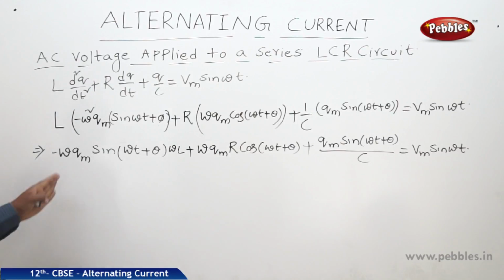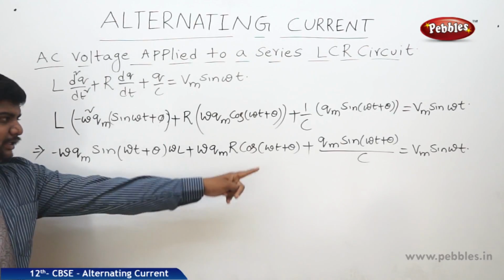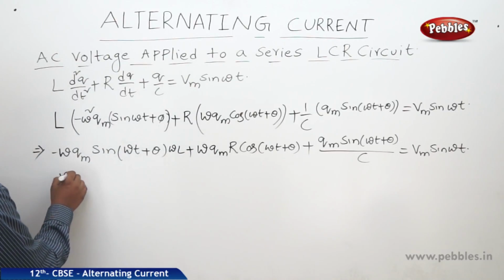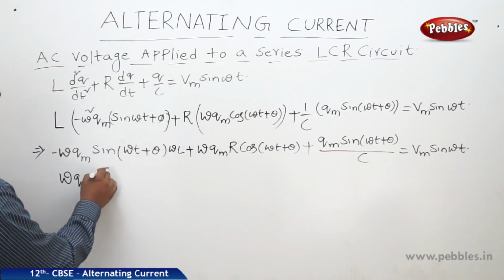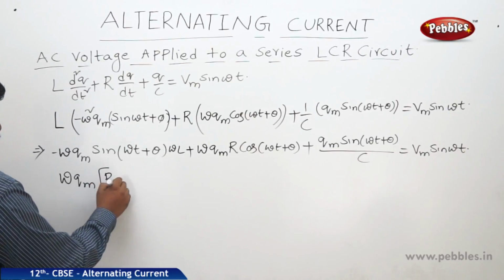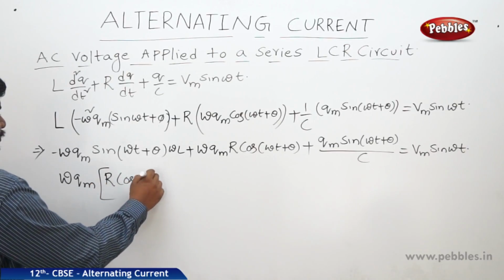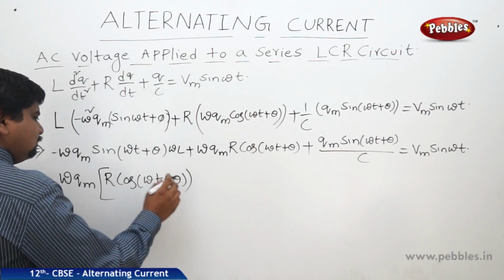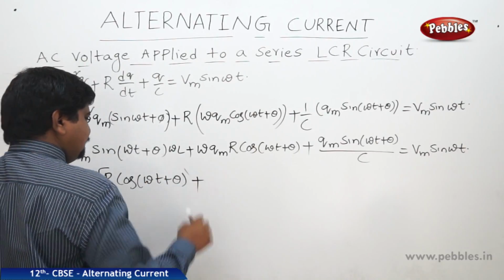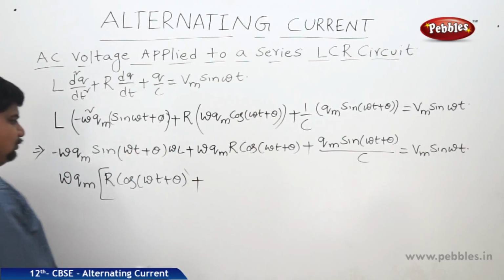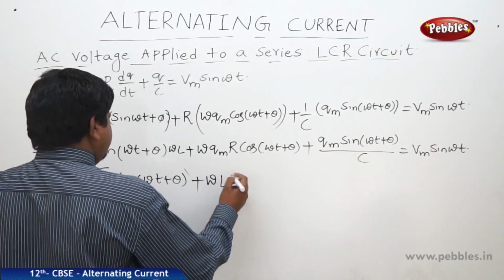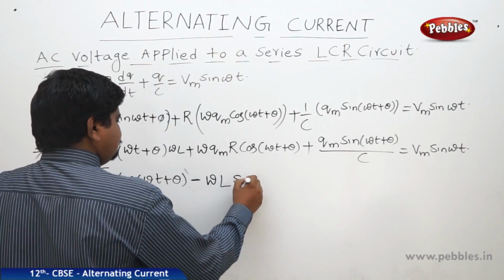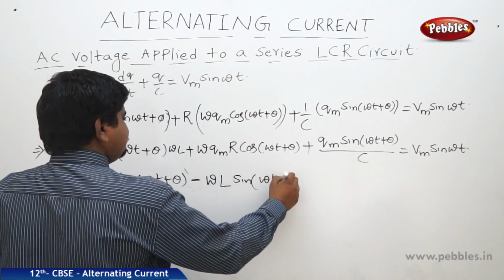I am taking omega qm as common in the whole equation of the LHS side. Omega qm as common. What we can write? R cos(omega t plus theta), plus, and here also, minus omega L into sin(omega t plus theta).